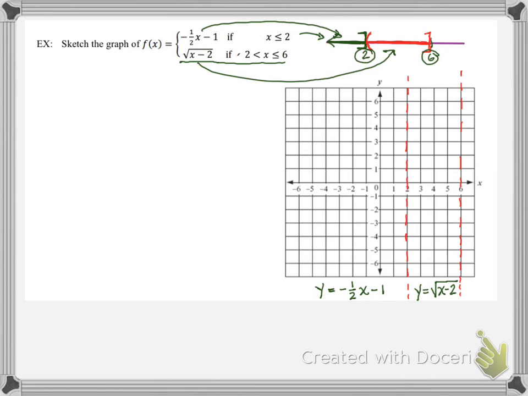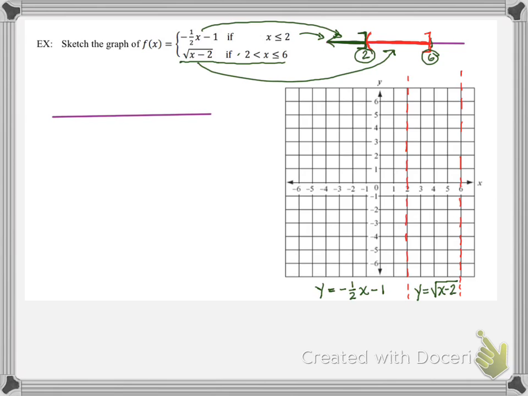Try not to overcomplicate this, because you guys know how to graph functions. You know how to graph equations, right? You just make a table, you plot some points. The only change here is that we are stopping our graph at a certain place and then doing another graph at a certain place. So we're just breaking separate graphs up into smaller pieces. So I think the easiest way to do this is to just make a big table.